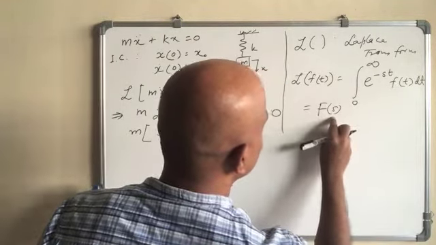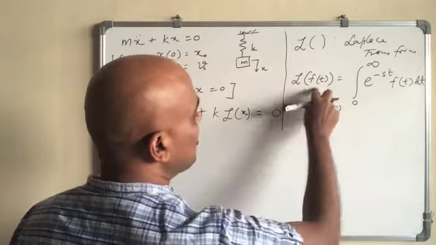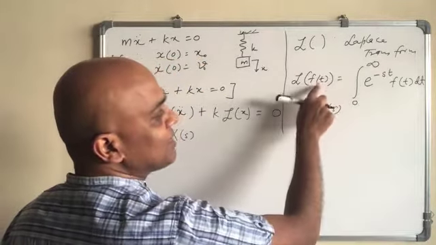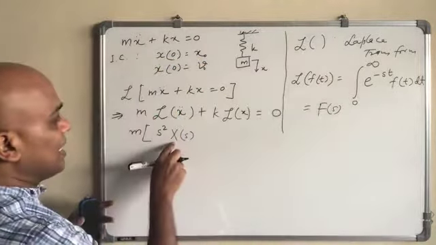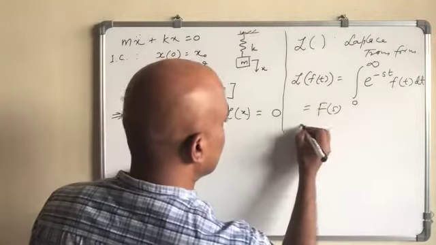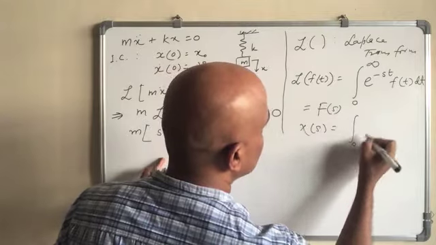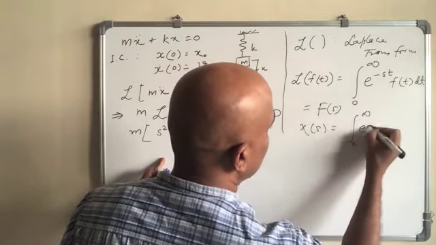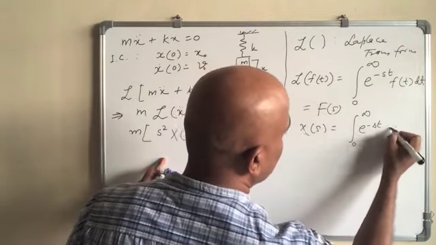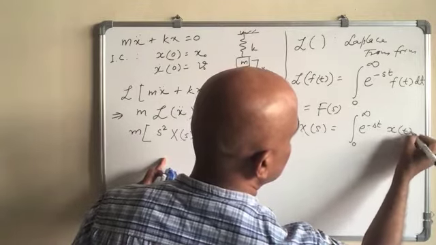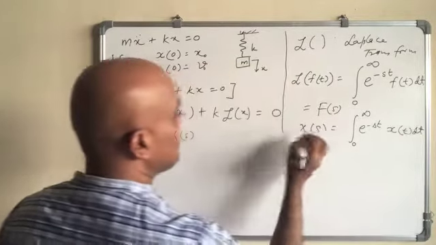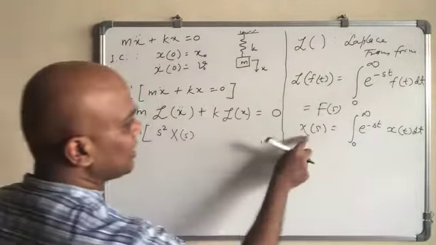So this F(s) means the Laplace transform of the function f(t). Here X(s) is nothing but the integral from 0 to infinity of e to the minus st times x(t) dt. This is what the meaning of that is. This is the same x as here.